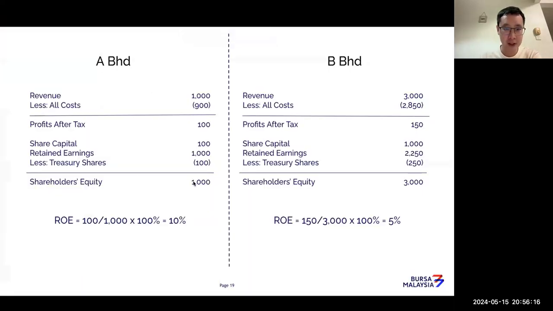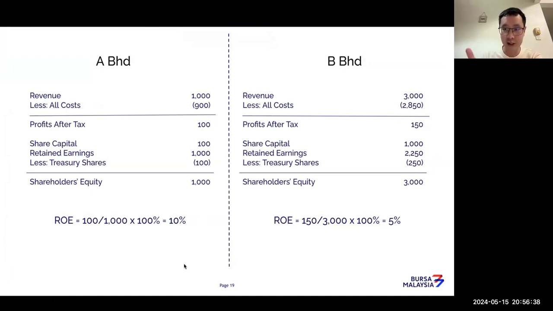So we have A Berhad, 100 divided by 1,000 times 100% equals 10%. B Berhad, 150, but despite making more in terms of quantity of profits, it takes more equity in order to make this. So therefore, the return on equity is just 5%. So between the two, which of the two companies do you prefer?